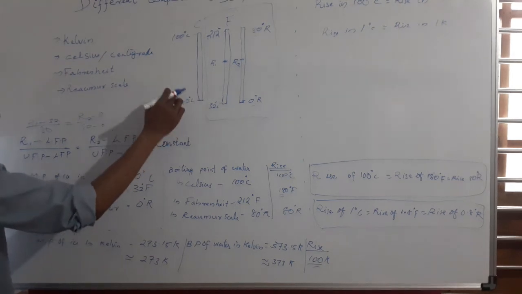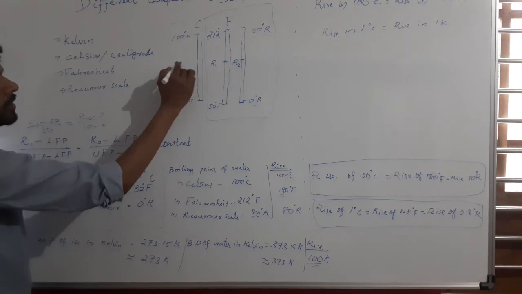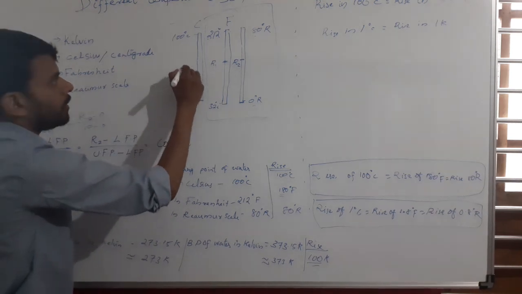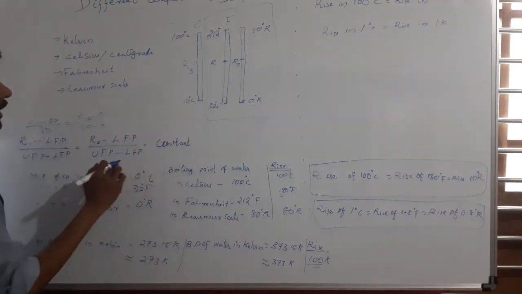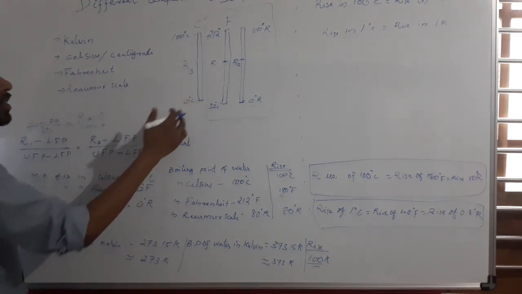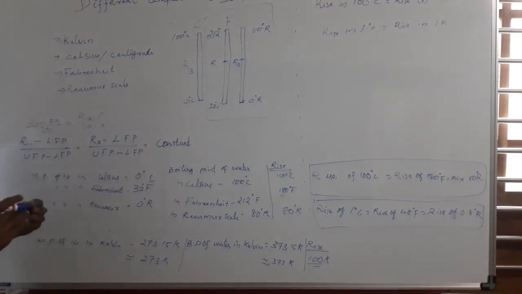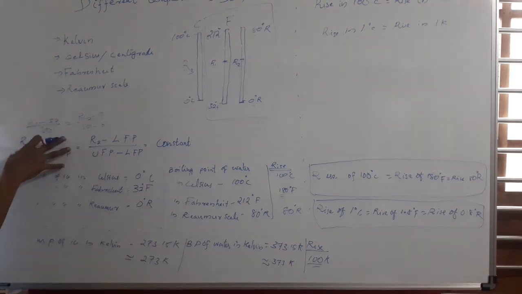How to relate it: R3 minus 0, the reading of the third one we are giving as R3, so R3 minus 0 whole divided by upper fixed point 100 minus lower fixed point 0. So in any scale we can relate it. If you consider R1 as the reading of the first scale minus the lower fixed point of the scale, divided by the upper fixed point of the scale minus the lower fixed point of the scale, it will always give a constant value.